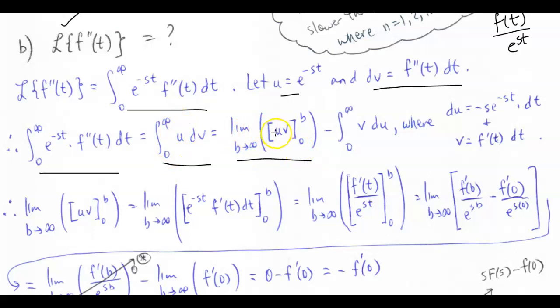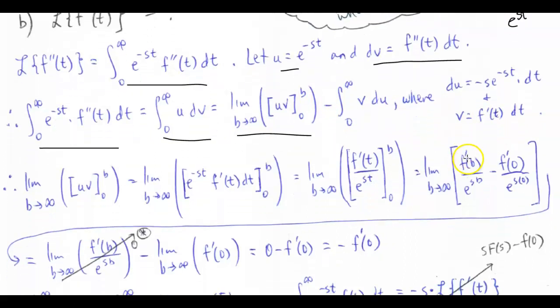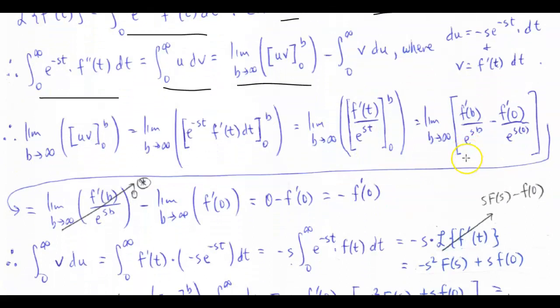Of course, the first term here is always uv, but since we have a quote-unquote definite integral here, we're going to have to evaluate it from 0 to b, where b is infinity. And then, of course, we have to evaluate the integral of v du. So we kind of know what to expect here.